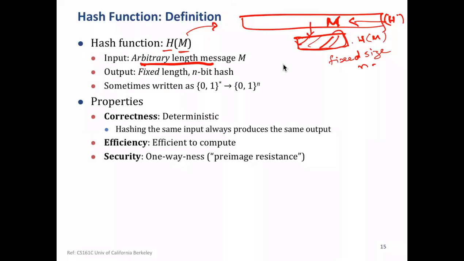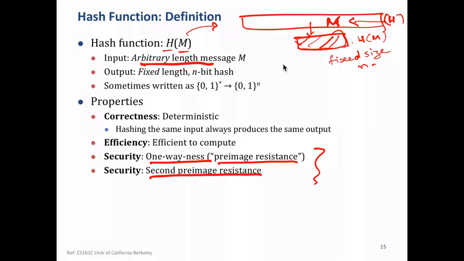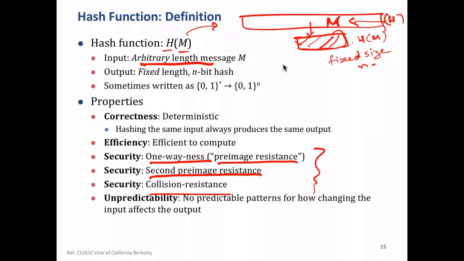And then the security properties. There are many security properties that we'll study now. One is one-wayness, also called pre-image resistance. Then second pre-image resistance, and then collision resistance. So there are three properties. And then the next one is unpredictability.